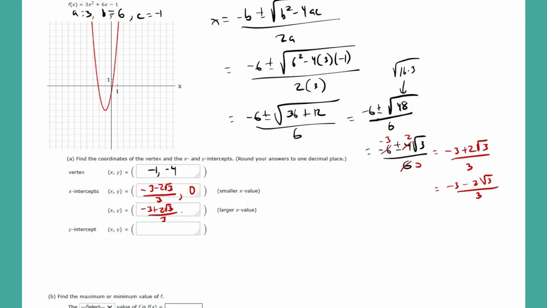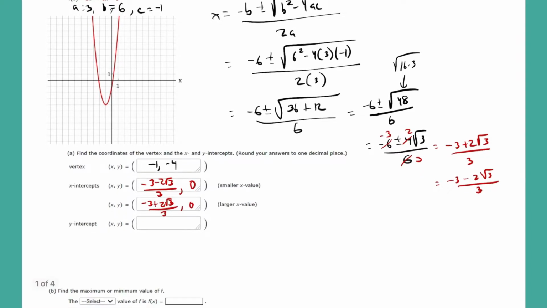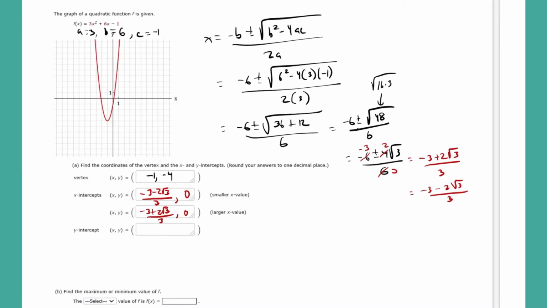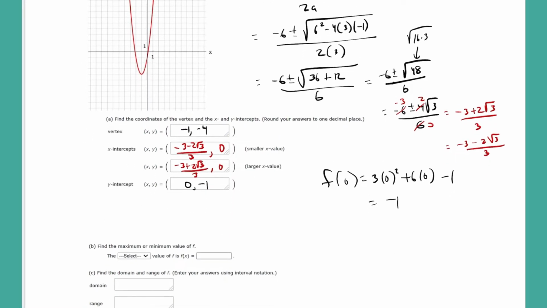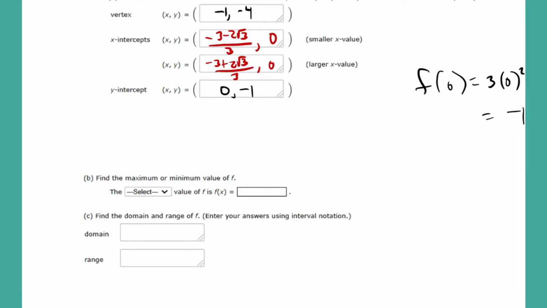The other one would be negative 3 plus 2 radical 3 over 3, comma 0. For the y-intercept, all we have to do is plug in 0 for x. If you plug in 0 for x, you're going to get minus 1. So 0, negative 1 is our y-intercept.